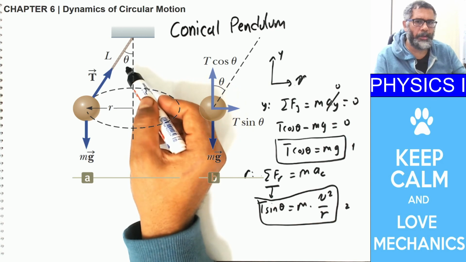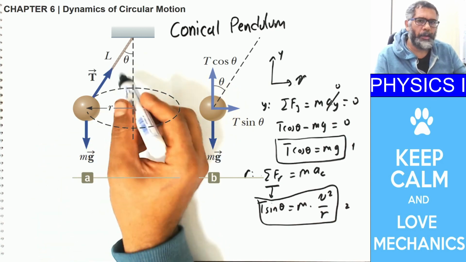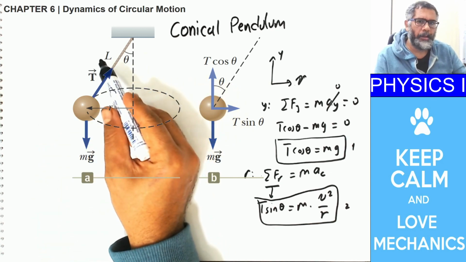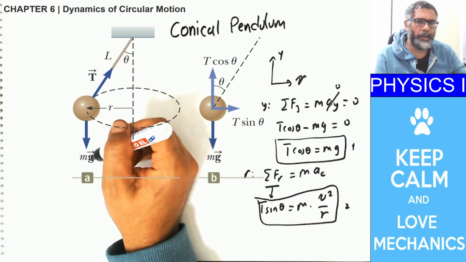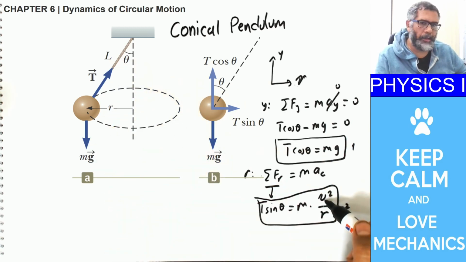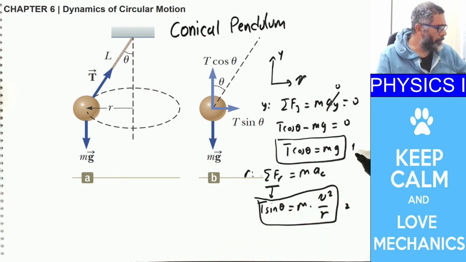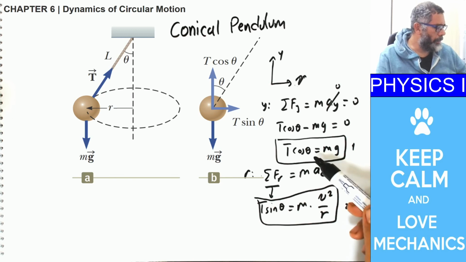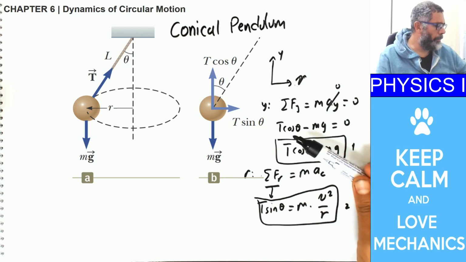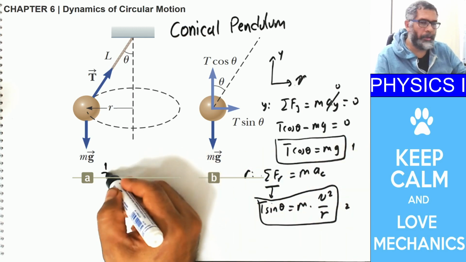It's not going to change during the motion. So in terms of L, theta and g, we can express this constant speed of the conical pendulum like this. Using these two equations, we can divide equation 1 by equation 2.